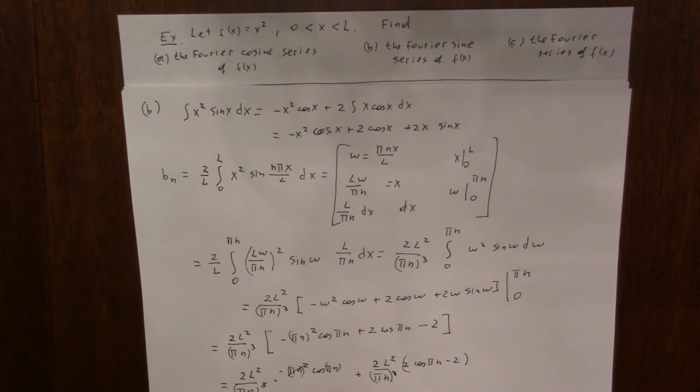So we're going to reduce that expression into 2L squared over pi n. Cosine of pi n we're going to write as negative 1 to the n plus extra minus, so negative 1 to the n plus 1, plus, we can take 2 out from that expression, so we get 4L squared over pi n cubed negative 1 to the n minus 1. That is our expression for Bn, when n equals 1, 2, and so on.